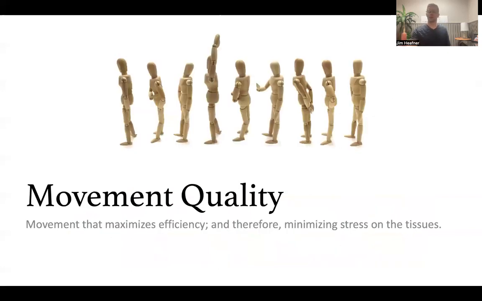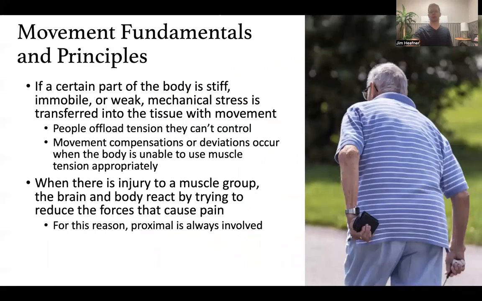What that says is that movement quality is important, and movement quality is maximizing the efficiency while minimizing the stress on the tissue. If a certain part of the body is stiff, immobile, weak, has scar tissue, etc., mechanical stress is transferred into the tissues with that movement.